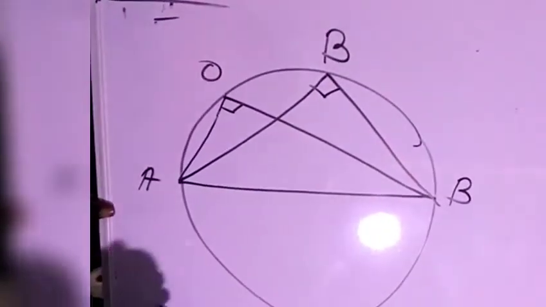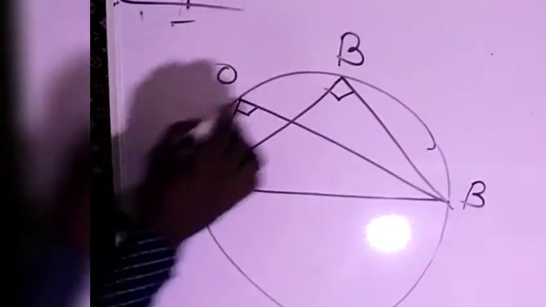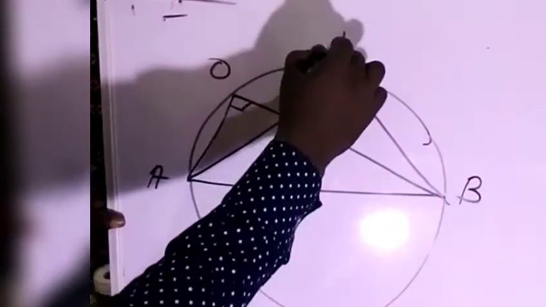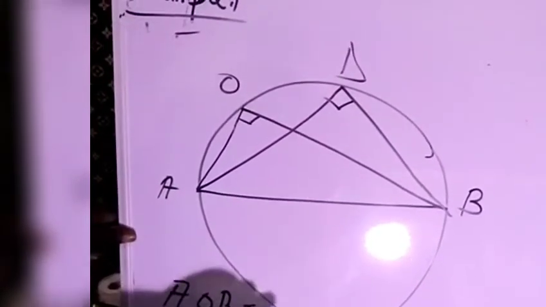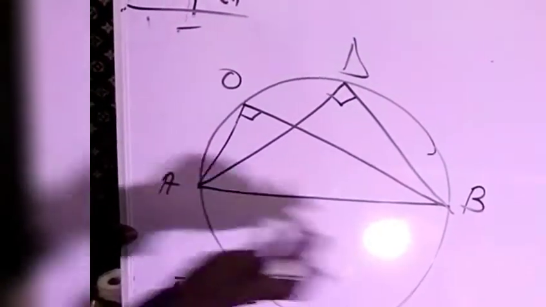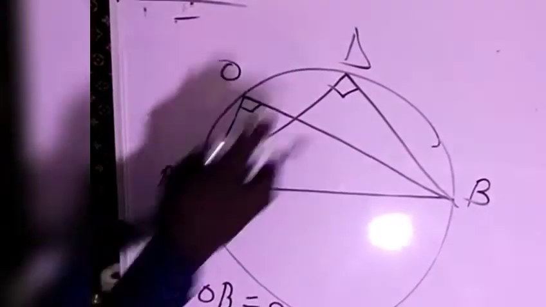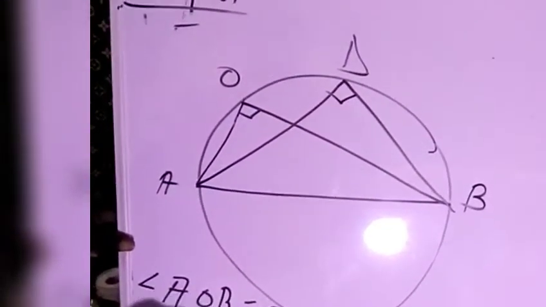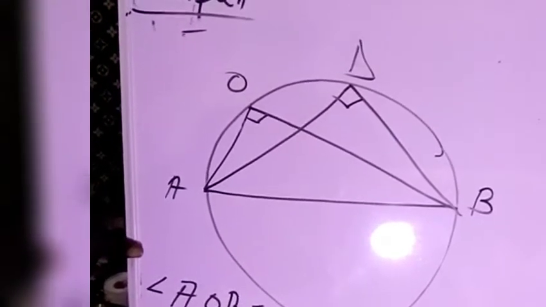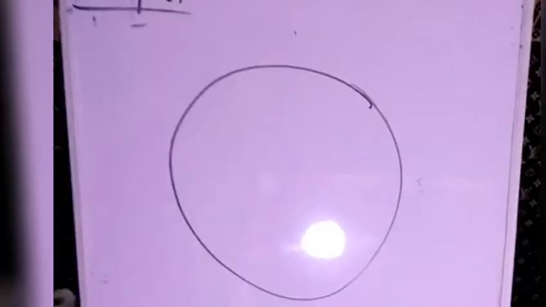So it means that angle AOB is equal to 90 degrees. Yes, because it is on the diameter. And angle ADB is also equal to 90 degrees.